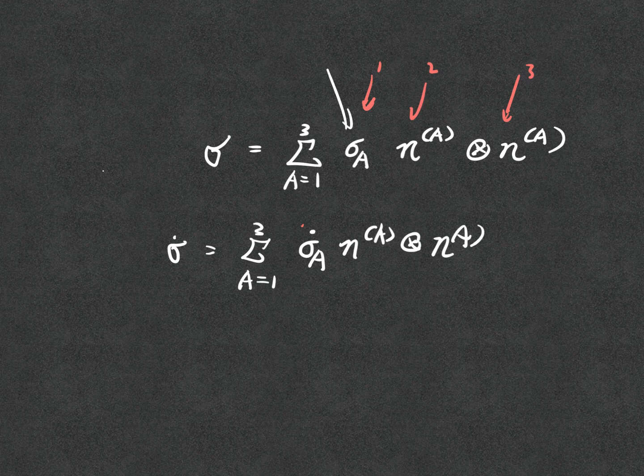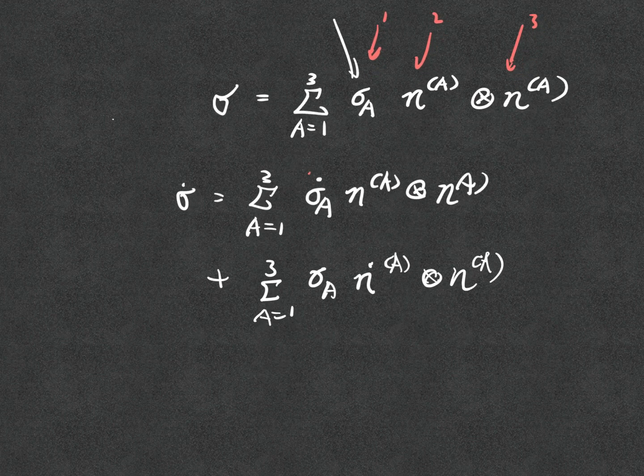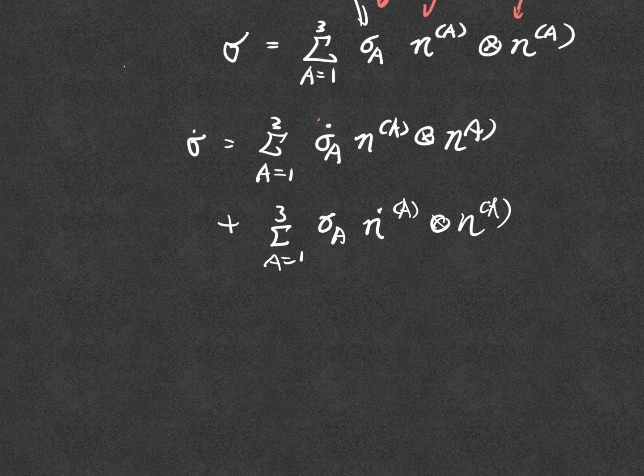Now I move to the second term. That would be equal to the time derivative of n a times n a also. And then I would also have one more term, right? What is the other term?